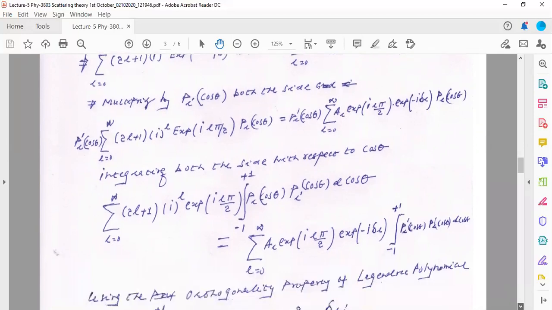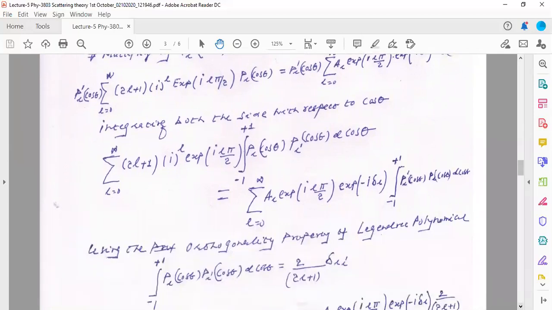Now, using the property of orthogonality, the integration of P_l cos theta, P_l' cos theta, d cos theta is always given by 2 upon (2l+1), times the Kronecker delta l l', when l is equal to l', because your l is changing. What are the possible values of l? l equal to 0, 1, 2, 3, 4, integers.